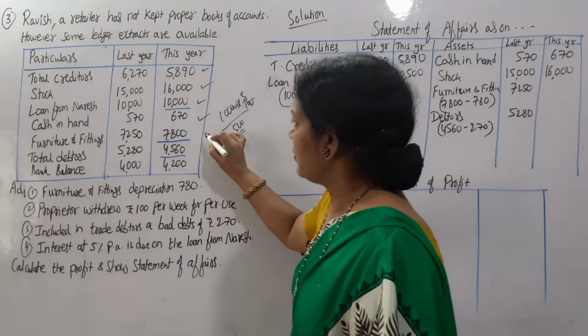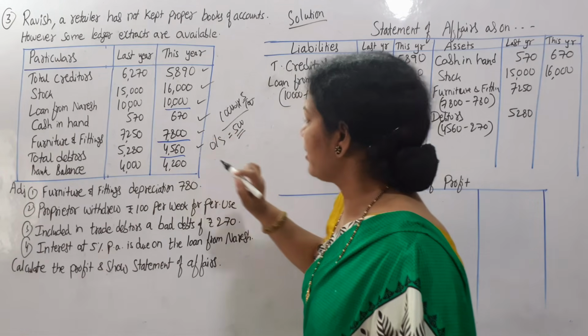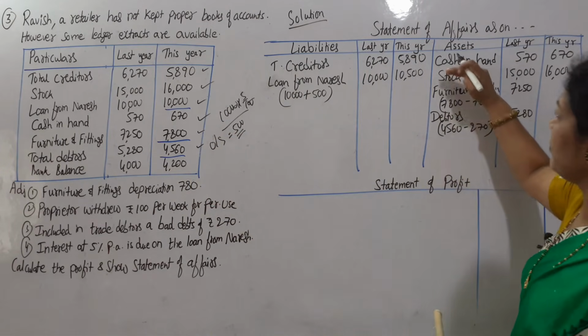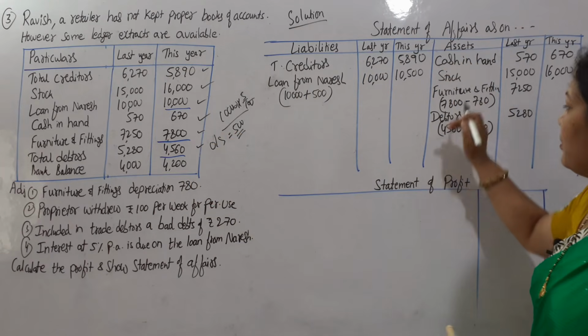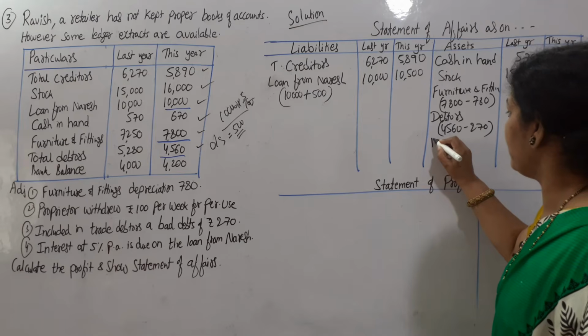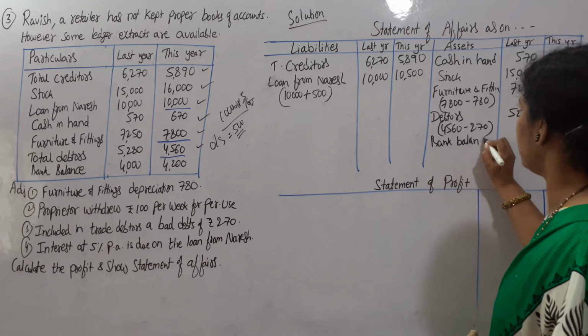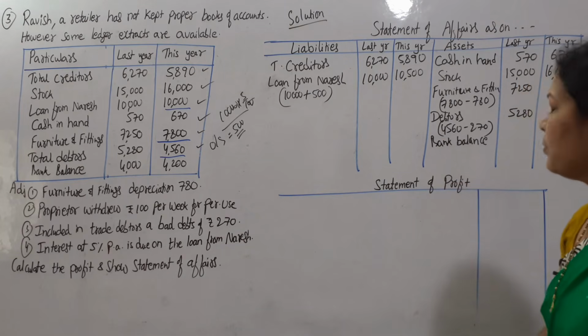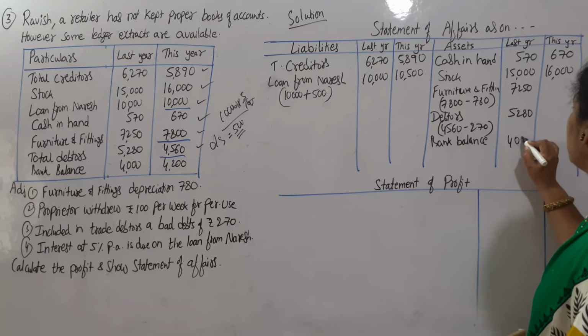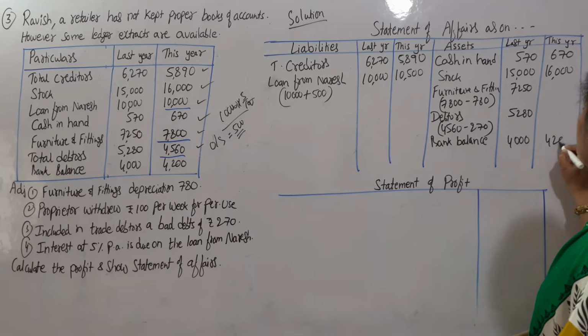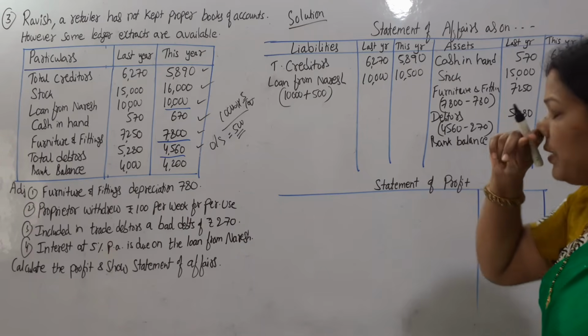Debtors are also over. Next, bank balance. We could have written this after cash in hand only. Anyway, no problem. Bank balance 4,200. Okay. So we have written everything.